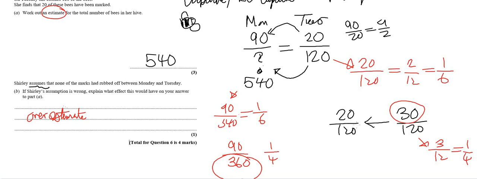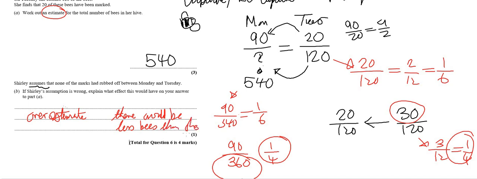In that case, work out what that ratio would have been if the marks hadn't rubbed off, apply it again, and you'll see that in this case, if marks rub off, she would have had an overestimate, and there would actually be less bees than she thought.